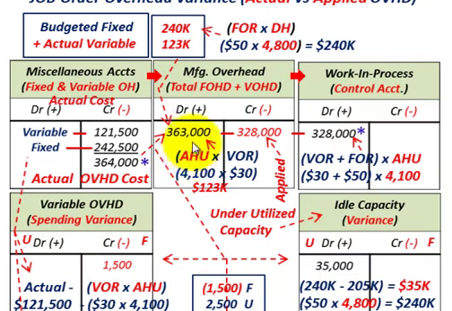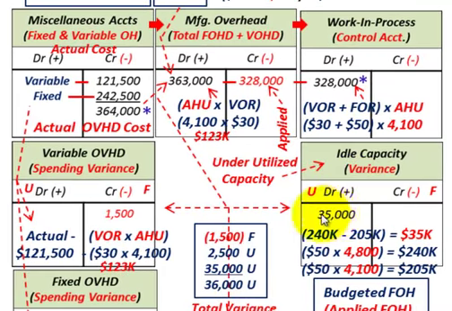So again, it was based on our fixed overhead plus our variable overhead, that total amount, and we have to compare it to our actual overhead cost for the period. And then the other thing was the idle capacity of 35,000. That was simply the difference between what we applied at 328,000 versus our budgeted fixed plus our actual variable overhead, 363,000.